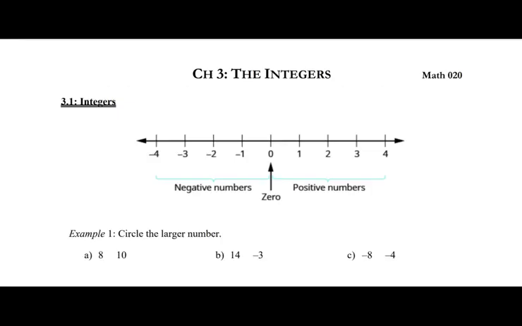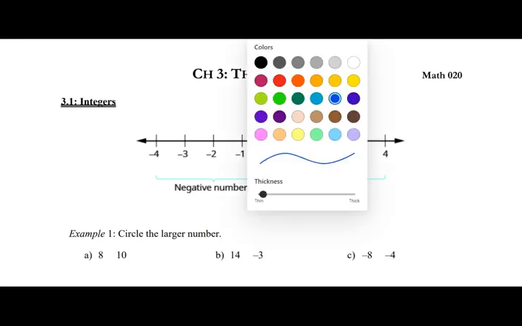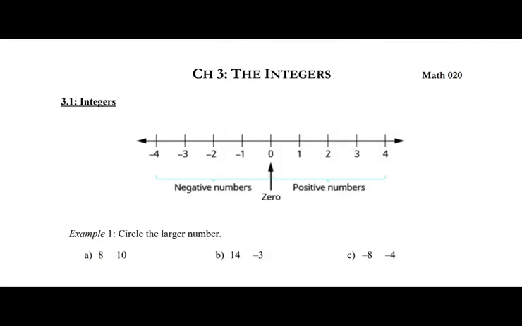We are going to start with placing numbers on the number line. Up until this point, all the numbers that we have been talking about were positive whole numbers. In this unit 3, in chapter 3, when we talk about integers, we will be talking about positive and negative numbers.